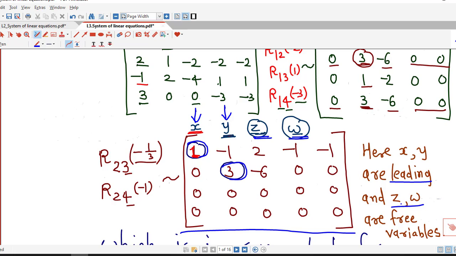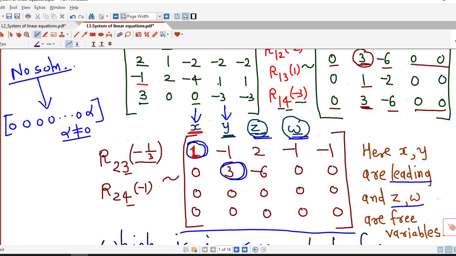If there is no free variable, then the given system will have a unique solution. And if we have this type of row, where all the entries are 0 except the last entry, which is non-zero, and we obtain this type of row in the row echelon form of the augmented matrix, then the system has no solution. So here there is no row of this form in this row echelon form, therefore the given system has a solution.